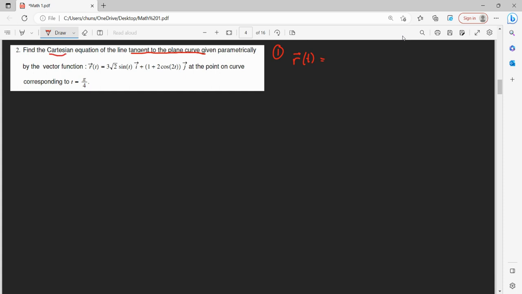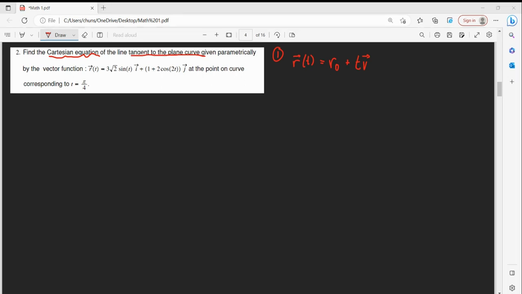So this is one we need to convert to our Cartesian equation, right? We're going to be needing this. So you're going to have r naught, so that's our initial position, plus some variable times velocity. So that means there's a couple things we have to find. So we have to find what our r naught is.